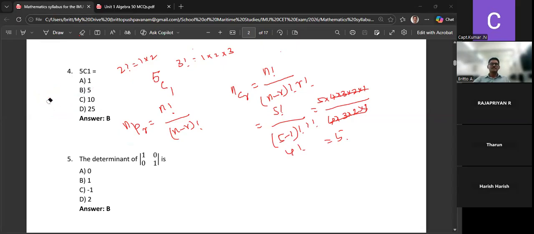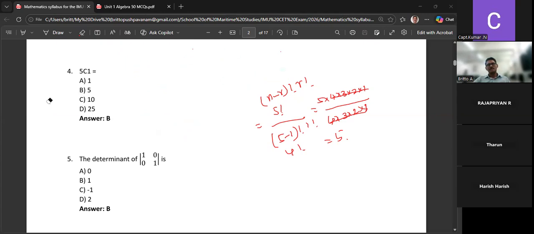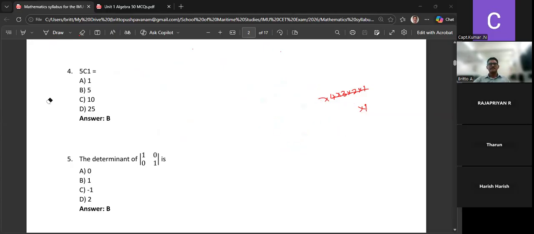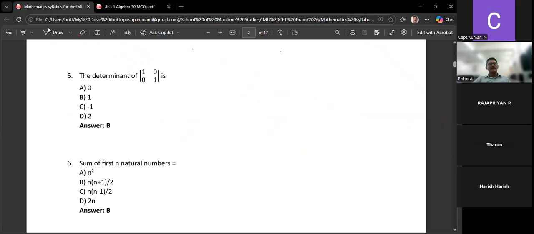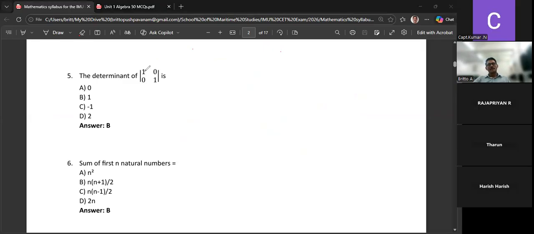Now we'll move on to question number 5. Question number 5 is from matrices, right? The value of the determinant with first row 1, 0 and second row 0, 1.